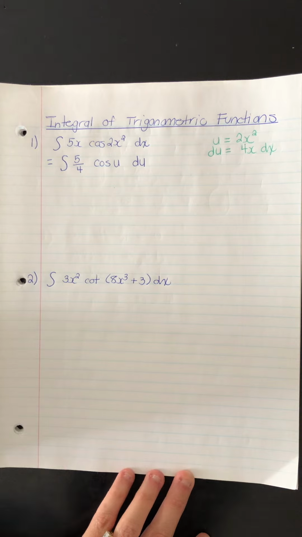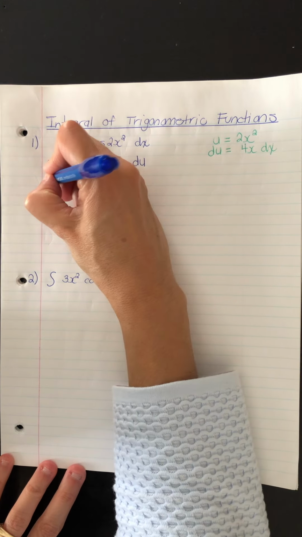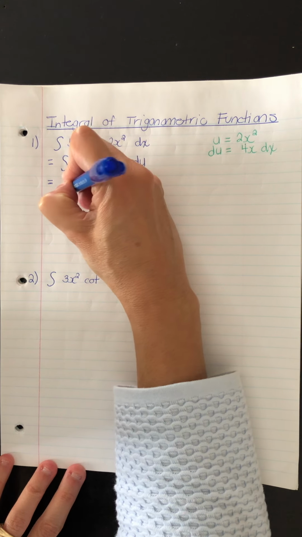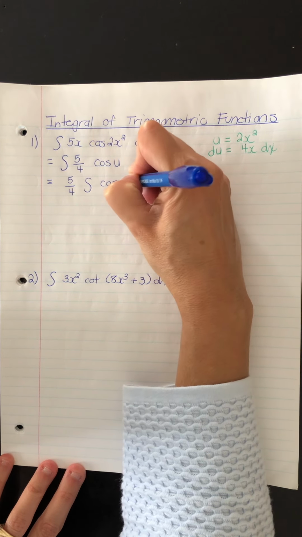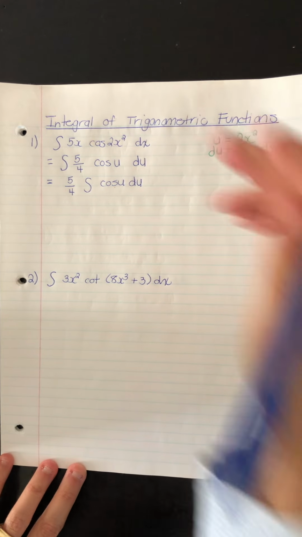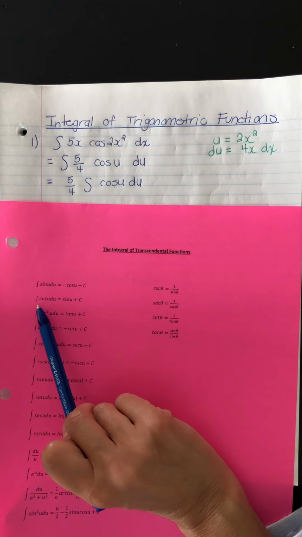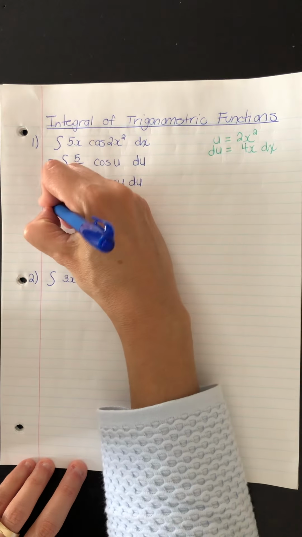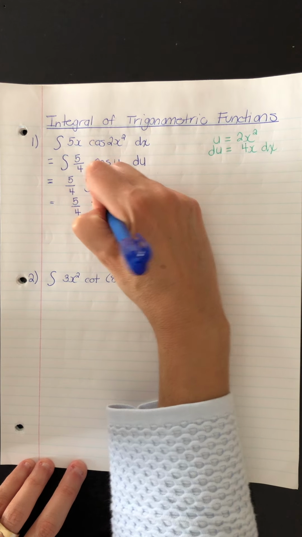And now when we go to integrate, of course, this constant can simply be brought forward like this. And now we have the integral of cosine u du. And on our integral page, we can see that that's equal to the sine of u. So now we have 5/4 times the sine of u.